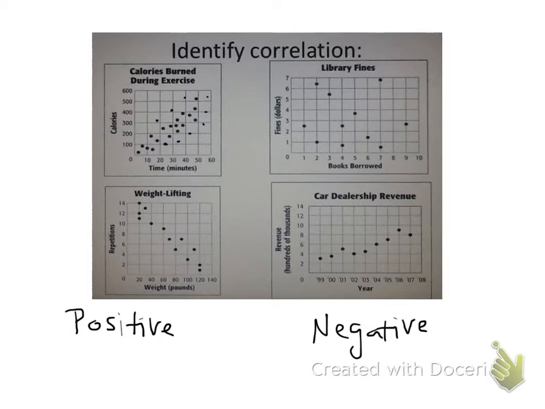A negative correlation is like negative slope. It's decreasing. One thing we're going to add this year is whether it's a strong correlation, it looks a lot like a line, or it's weak. It's not quite a line. And remember, there's always the possibility that there is no correlation.